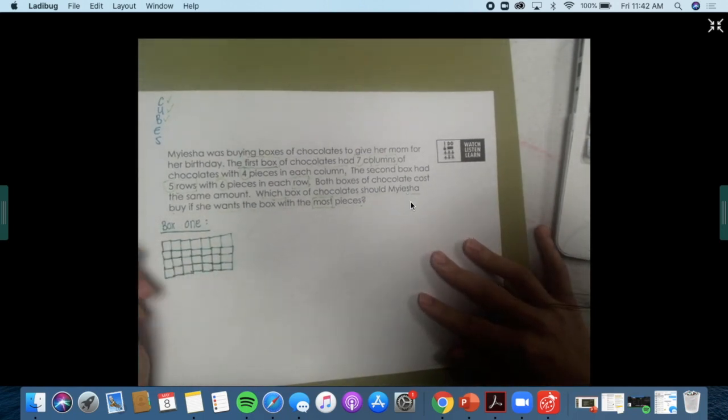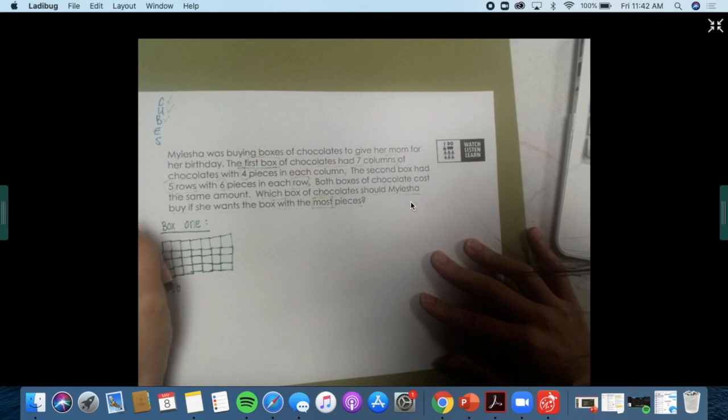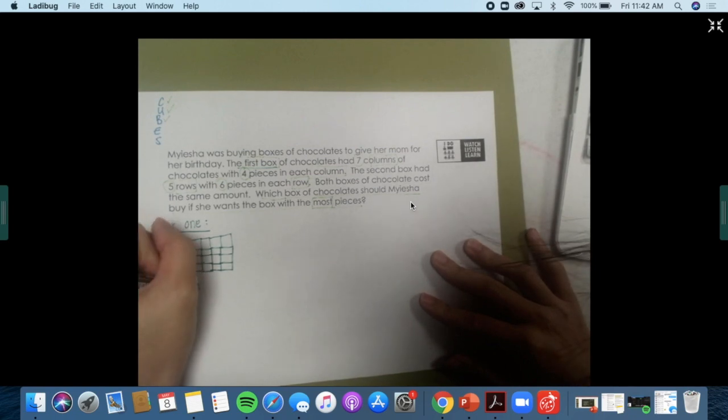So, in box 1, there are 7 columns. And how many rows? 1, 2, 3, 4. 4 rows.